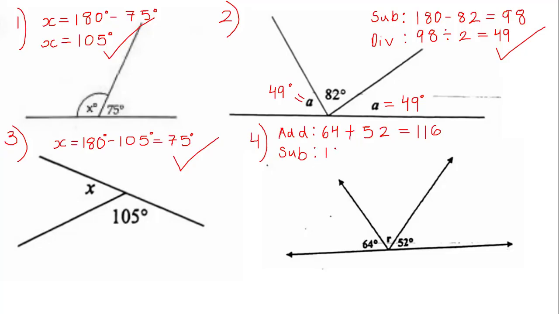So we have 180 minus 116. That's going to give us what? 64. 64, very good.